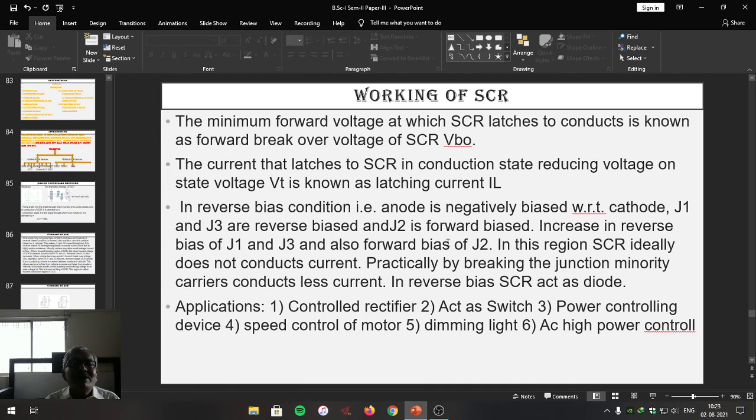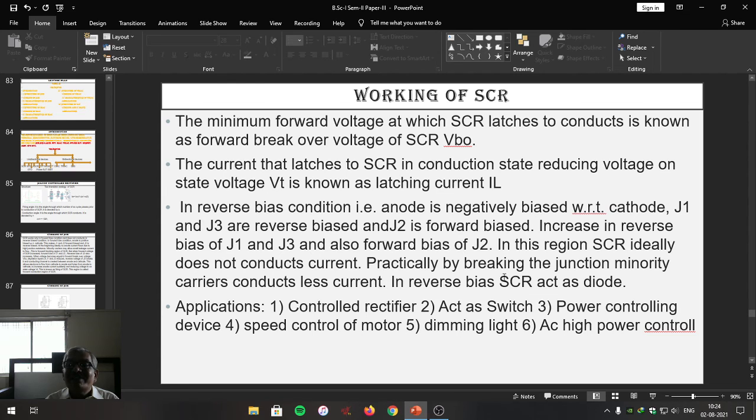Increase in reverse voltage increases the reverse bias of J1 and J3, and also the forward bias of J2. In this region, SCR ideally doesn't conduct the current. Practically, by breaking the junction, minority carriers conduct a little bit of current.